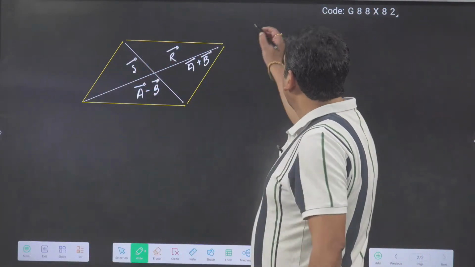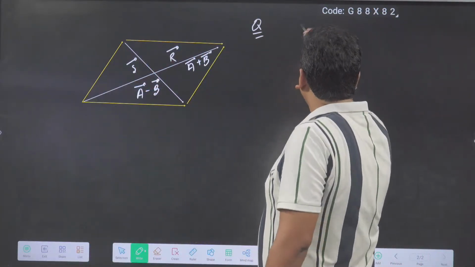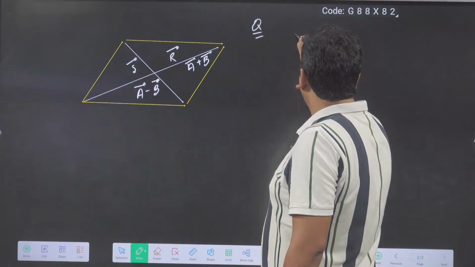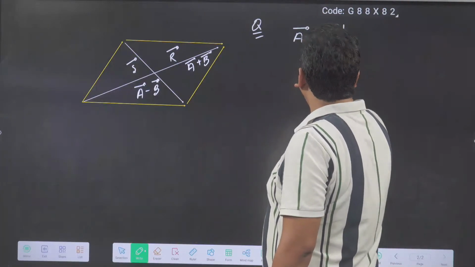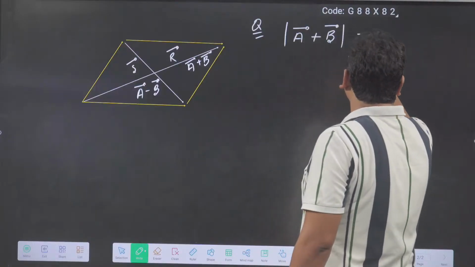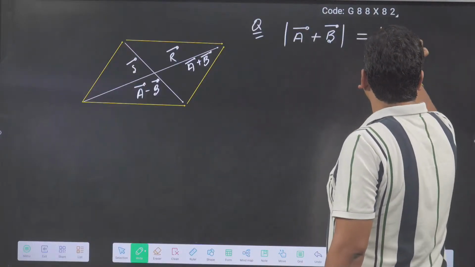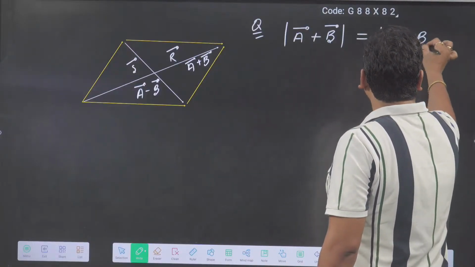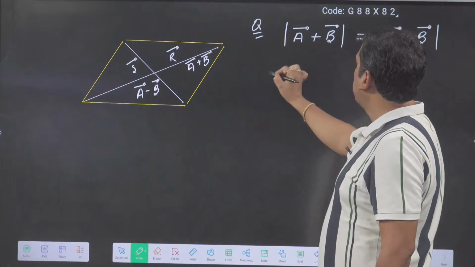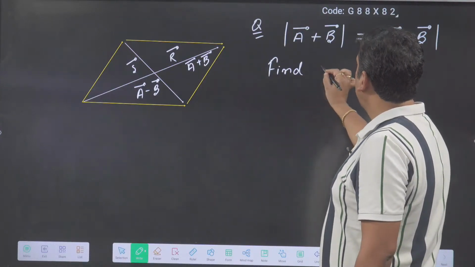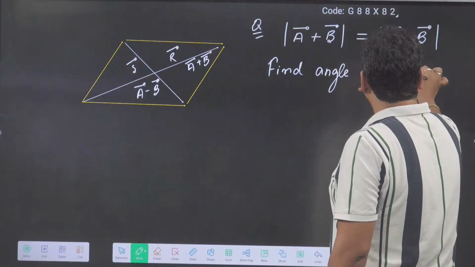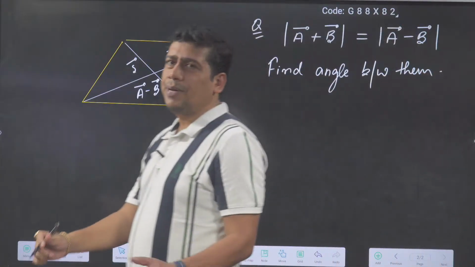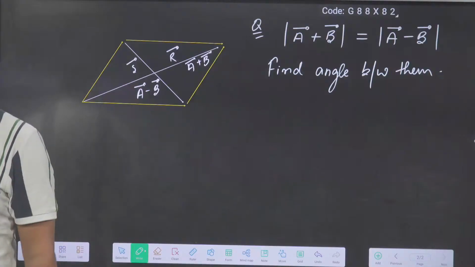Now, one question. If magnitude of A vector plus B vector is equal to magnitude of A vector minus B vector, then find angle between them. Them means A vector and B vector.